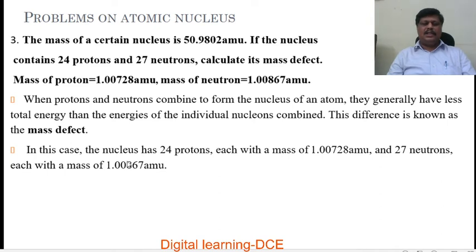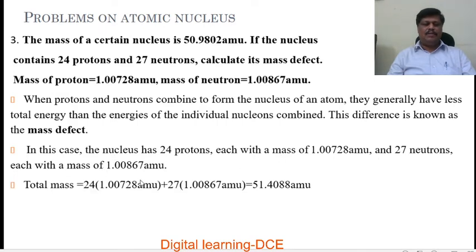In this case, the nucleus has 24 protons, atomic number Z is equal to 24, each with a mass of 1.00728 AMU, that is mass of proton, and it has 27 neutrons, each with mass, that is Mn is equal to 1.00867 AMU.